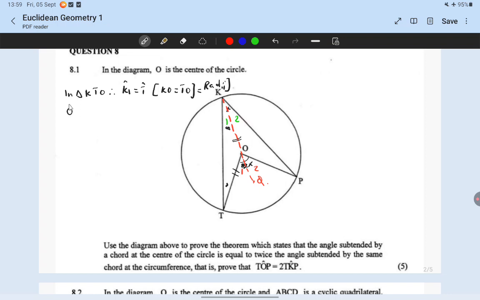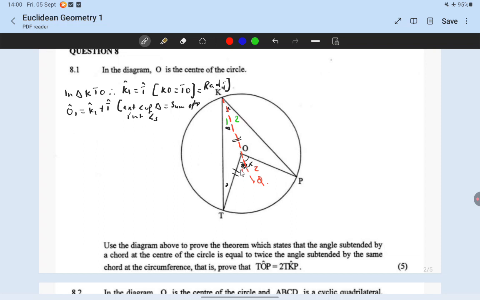So our O1 is equivalent to our K1 plus our T. And what is the reason? Exterior angle of a triangle is equal to the sum of the opposite interior angles.